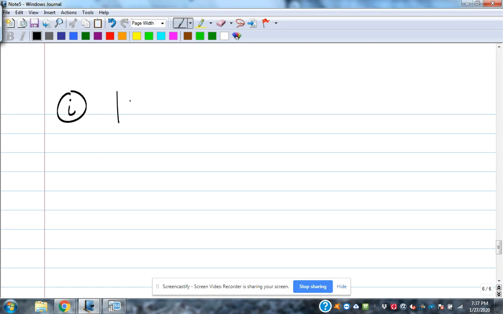So, absolute value of 2x minus 5 is greater than 7. Is the absolute value by itself? Yes. So we got to make sure of that first. Then we look at it, make sure it's on the left-hand side, and then decide, is this an and or an or problem? What kind of symbol is that? Greater than, so this is an or problem.